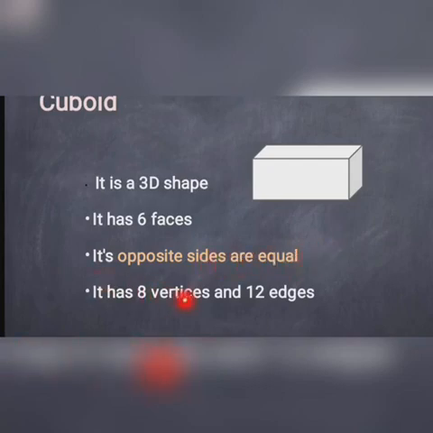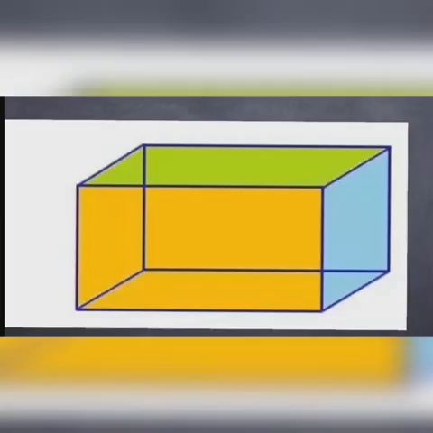It has 8 vertices and 12 edges. Edges mean line. So totally 12 lines are there. Now we check: 1, 2, 3, 4, 5, 6, 7, 8, 9, 10, 11 and 12.